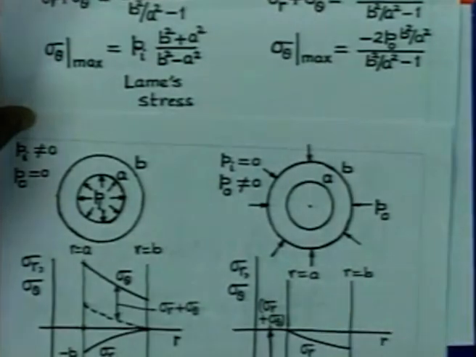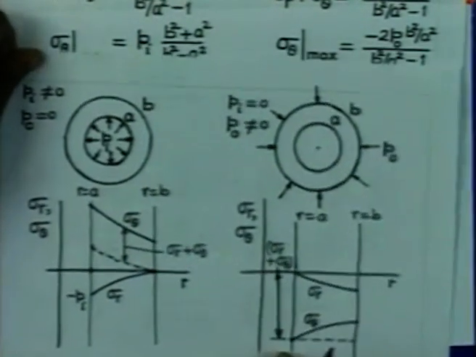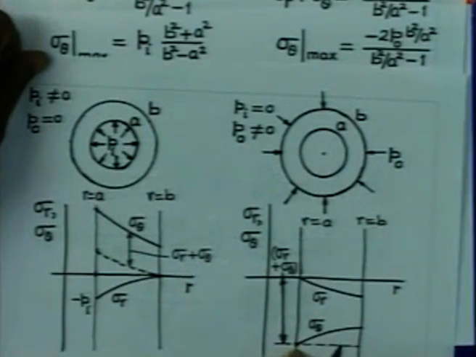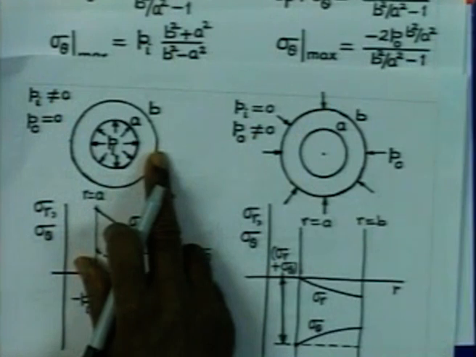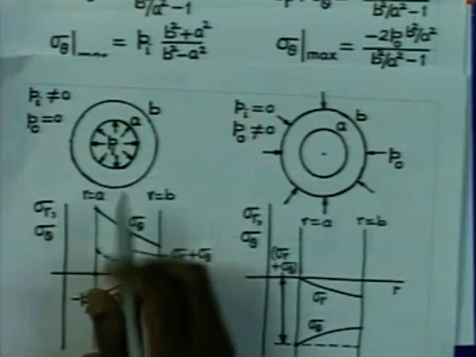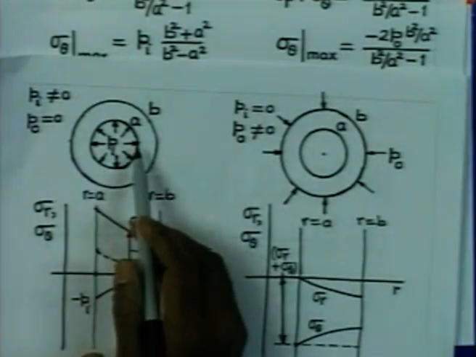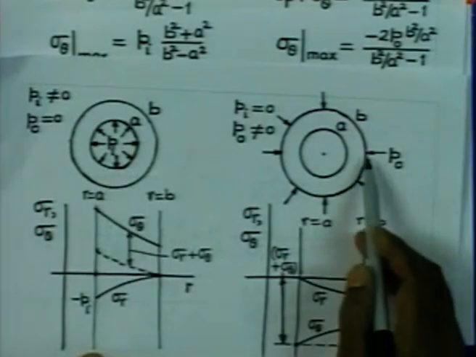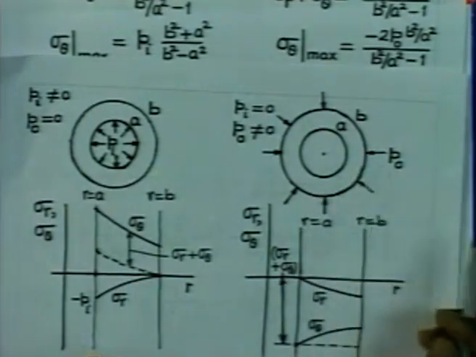So, that is the maximum hoop stress that is going to occur in the case of the externally pressurized cylinder. We have been able to calculate the stress distribution in the wall of the cylinder. You can see that the stress is not constant, it is continuously varying, and it has the highest value at the inner radius in both the internally and externally pressurized cylinders.